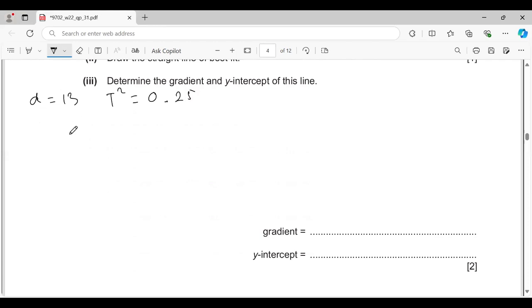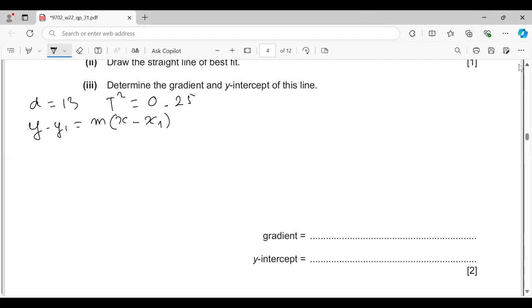I'm going to use an equation according to the mathematical formula that y minus y1 equals m multiplied by x minus x1.